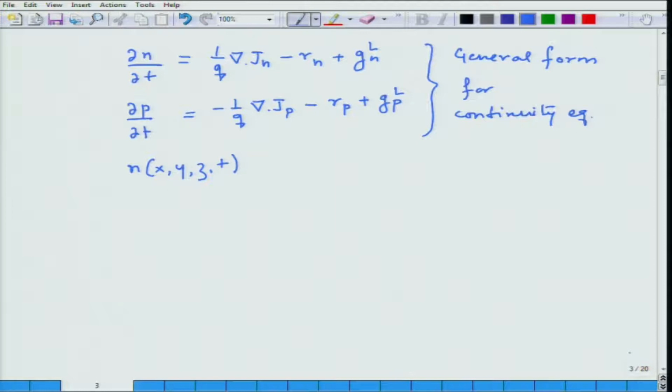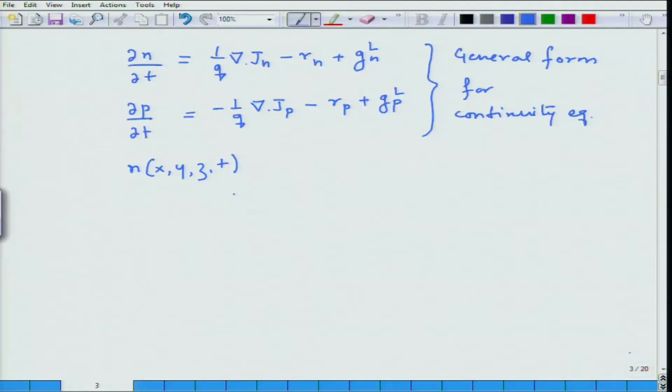So, this is basically the beginning of the analysis of the device, where we will take all the carrier actions in the semiconductor into account and figure out what the device characteristics would be. And by using this equation, I can solve for n(x,y,z) or p(x,y,z) at any position in the device and also as a function of time.